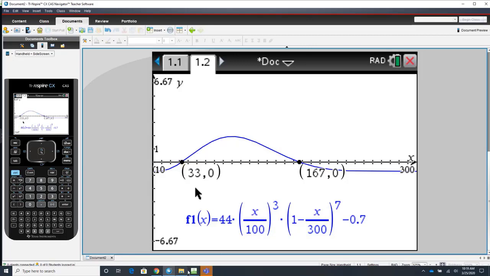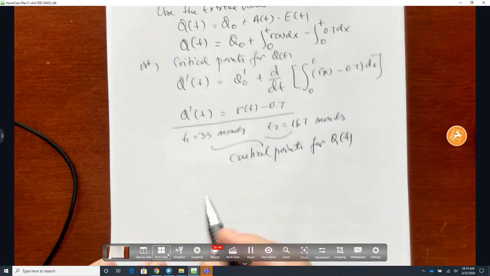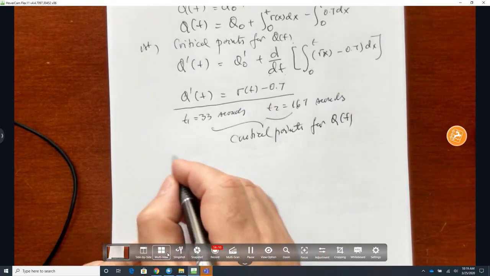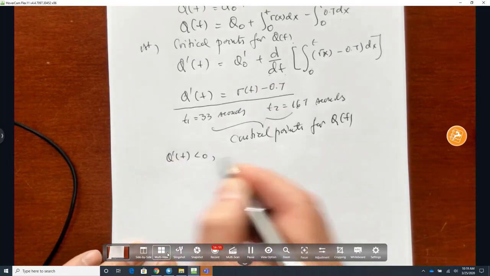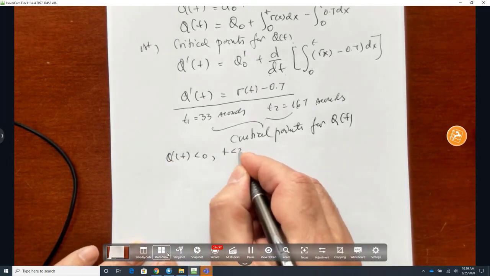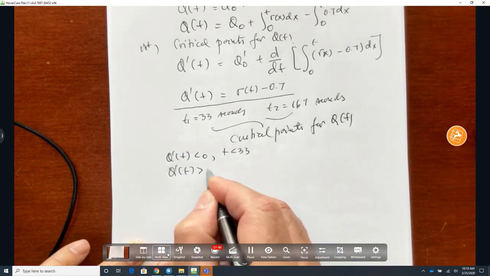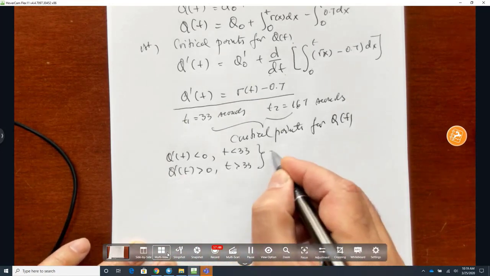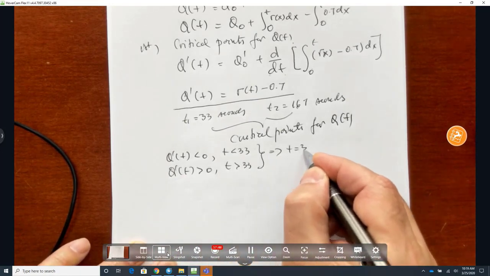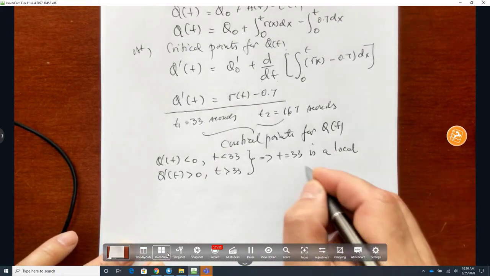So let me write this down: q prime of t is less than 0 for t less than 33, and q prime of t is greater than 0 for t greater than 33. It results that t equals 33 is a point of local minimum.